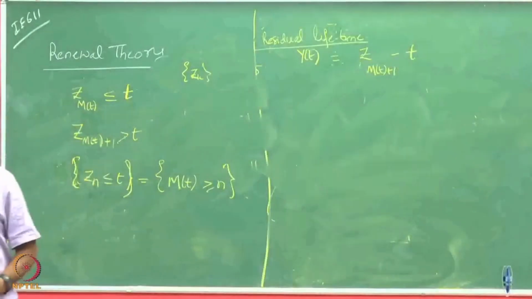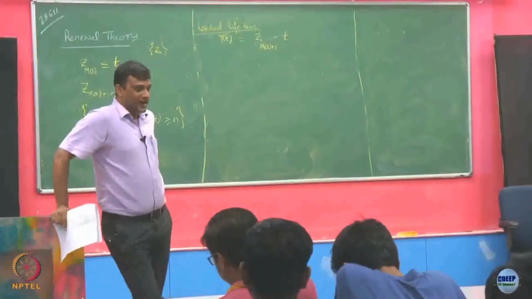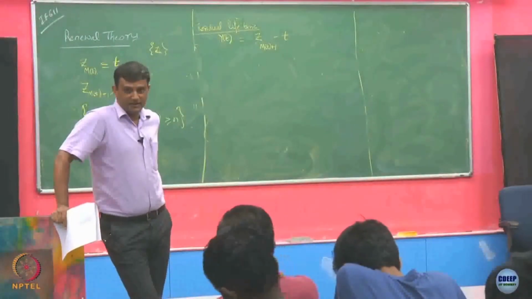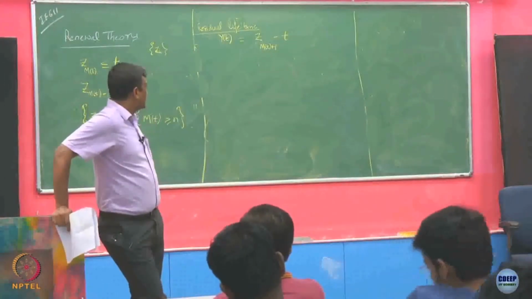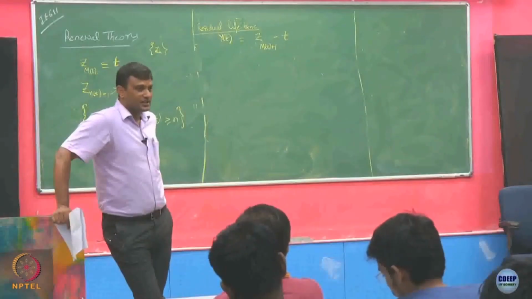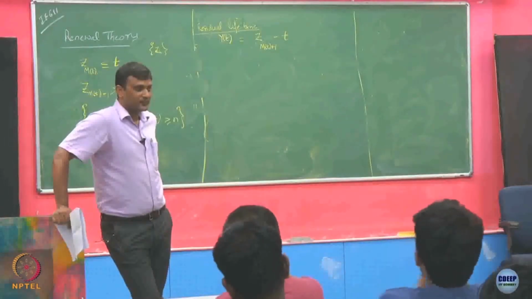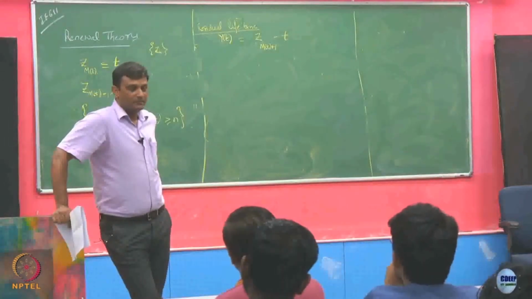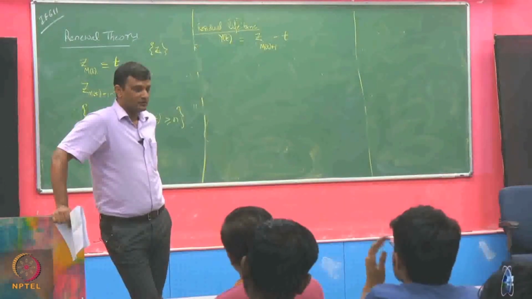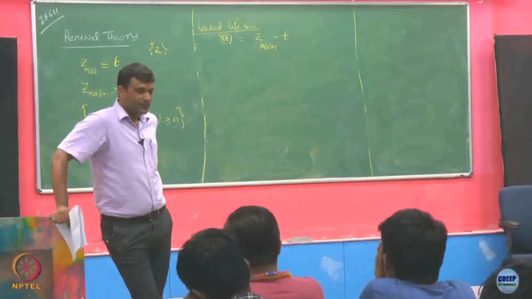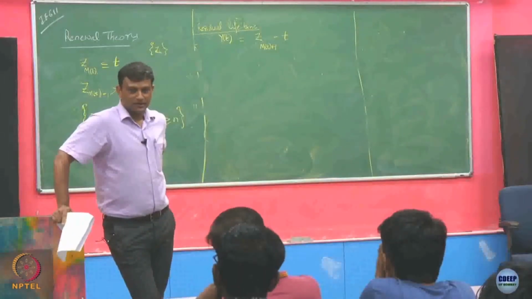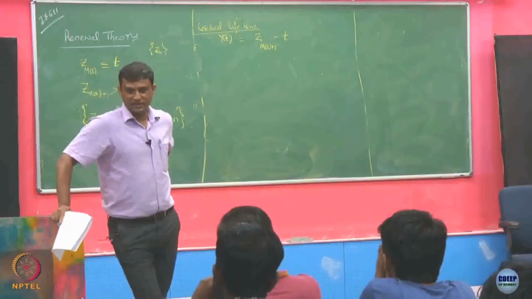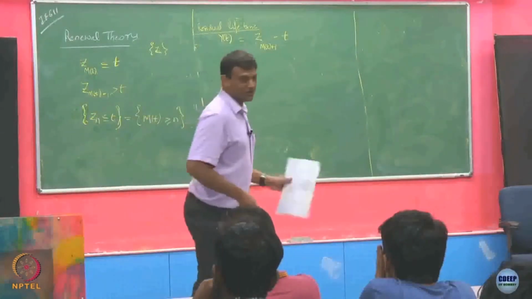So I am going to define a process Y(t) now, capital Y of t, that is defined for every t in this format: Z subscript M(t) plus 1, minus t. So what is this actually capturing? Before we try to understand what this is actually capturing, let us try to draw how this function looks like.